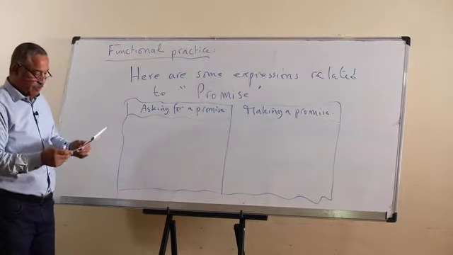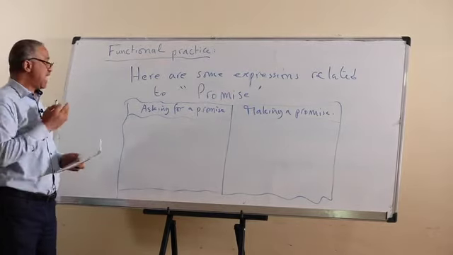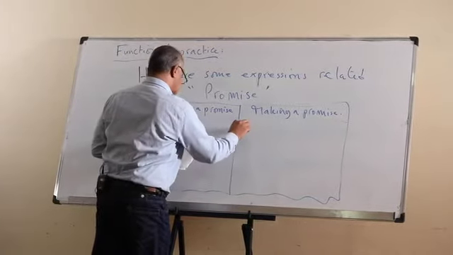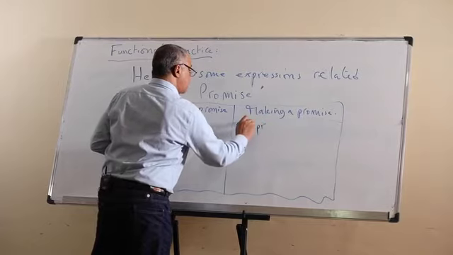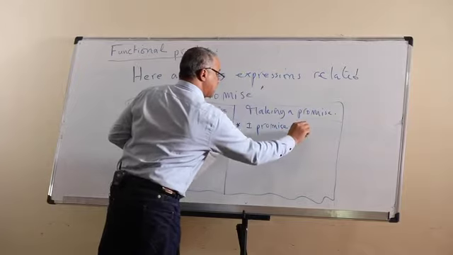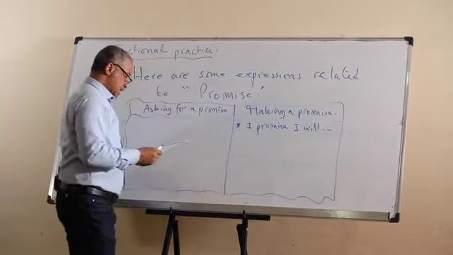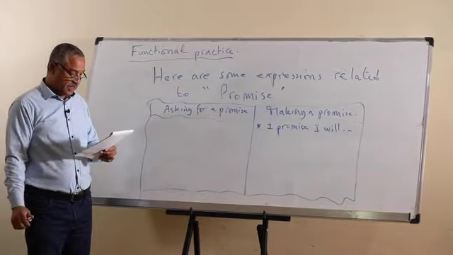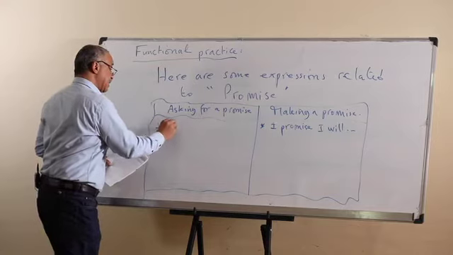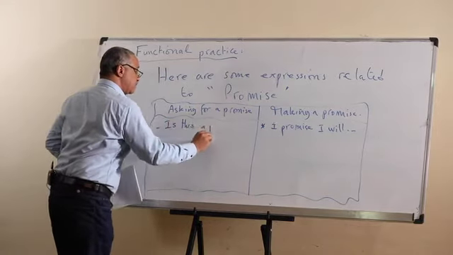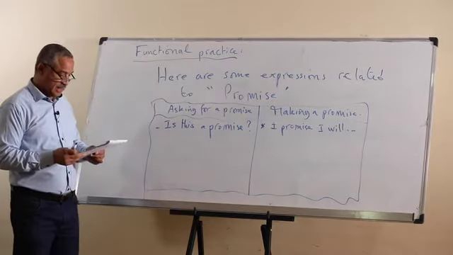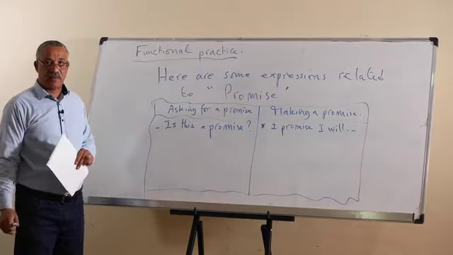When we say, for example, "I promise I will," what do you think it is? Is it asking or making a promise? Of course, it's for making a promise. I say, "I promise I will," that is, I will do something. Now, what about this expression? Is this a promise? Yes, it's for asking for a promise. Can I consider this as a promise?